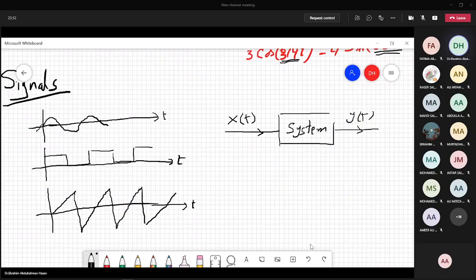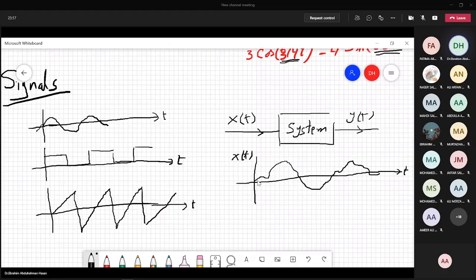This signal could be continuous. Continuous means something like this: positive, negative, any values. So this is a continuous signal. It means that I know the value of x of t at any specific time.